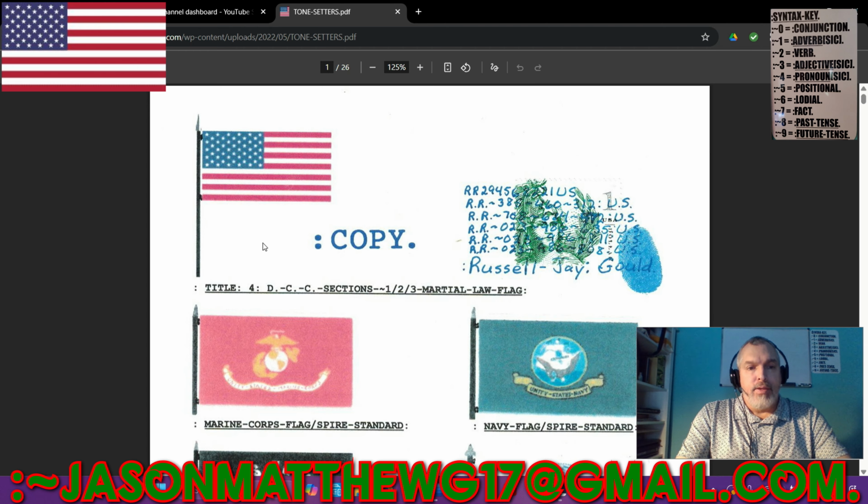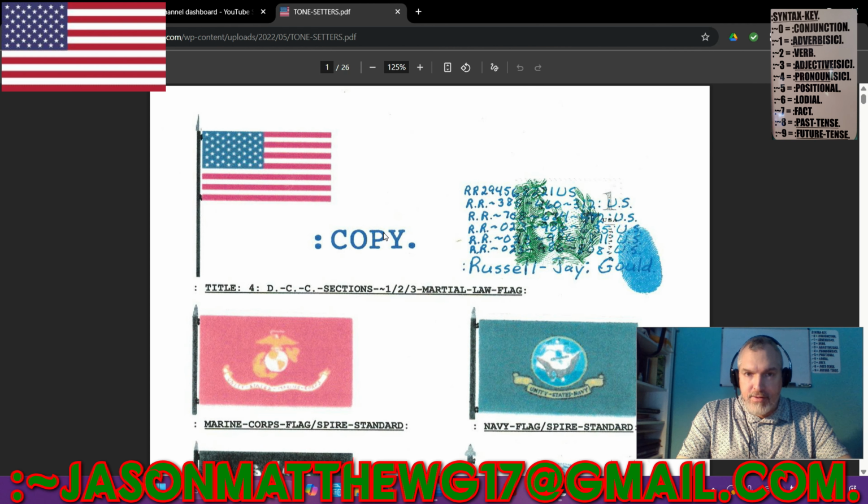What does this say? Title IV. This is saying it's a Title IV flag, but is it though? And then it says DCC martial law flag. So this is not a correct sentence structure flag, folks. This is not a correct sentence structure flag. This is a martial law flag.